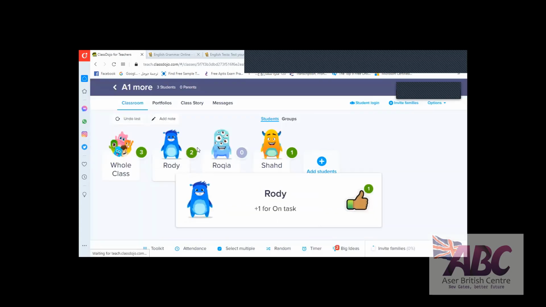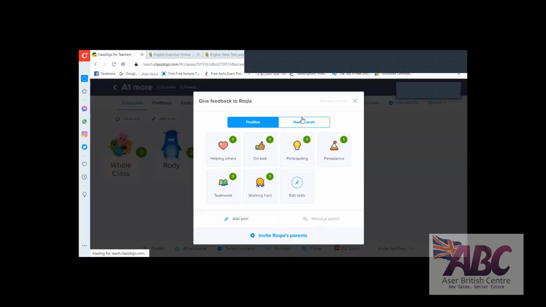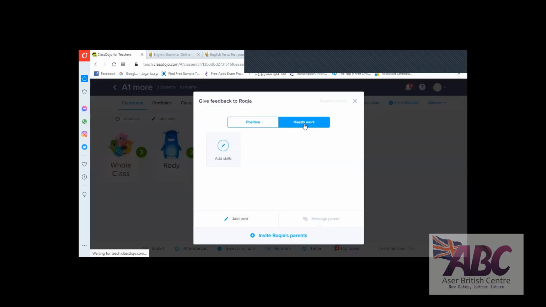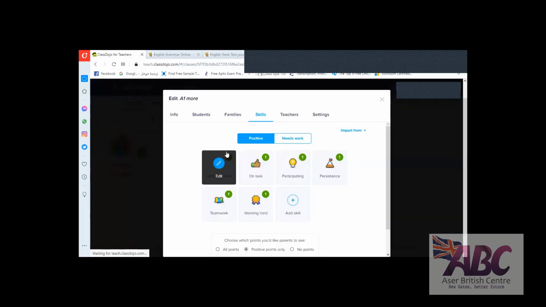Positive points for the students can also help you to maintain discipline by giving the students negative points or needs work. And of course, you can add any skills that you can deduct points on.